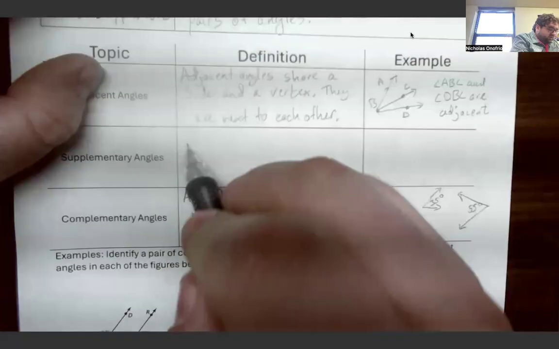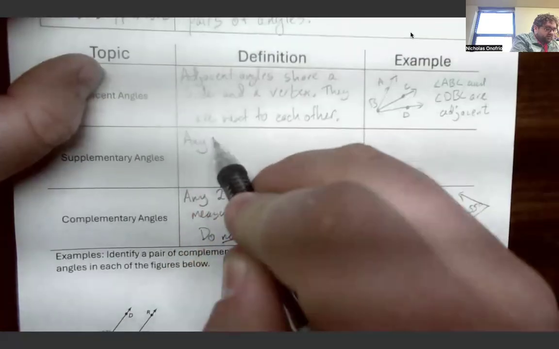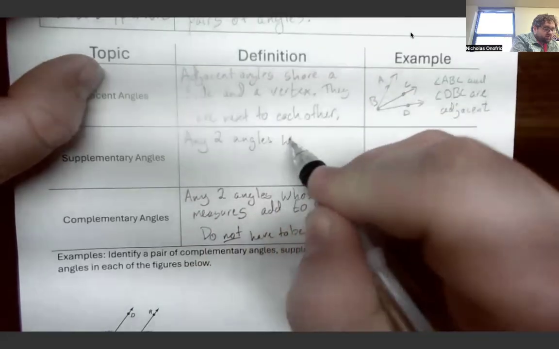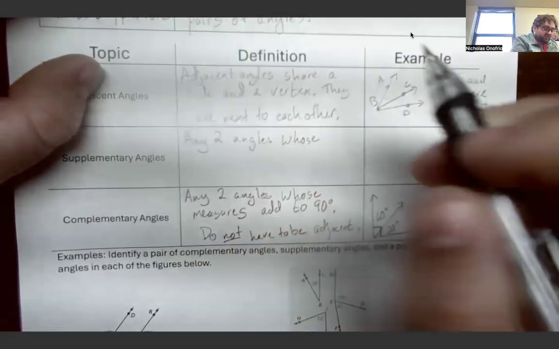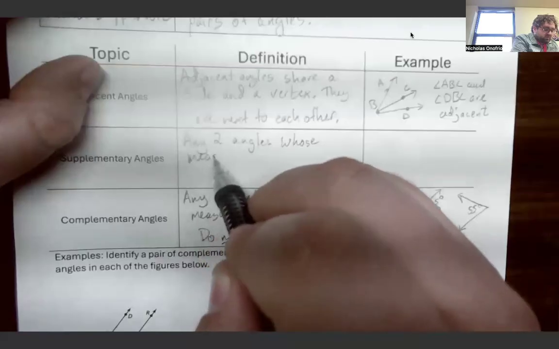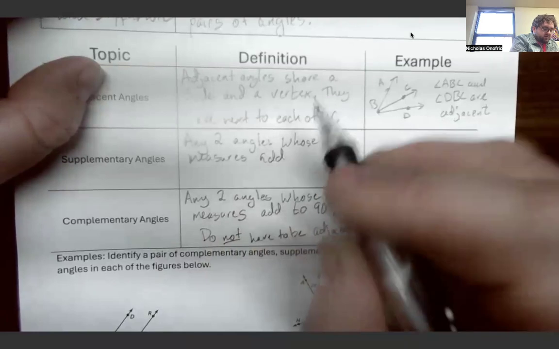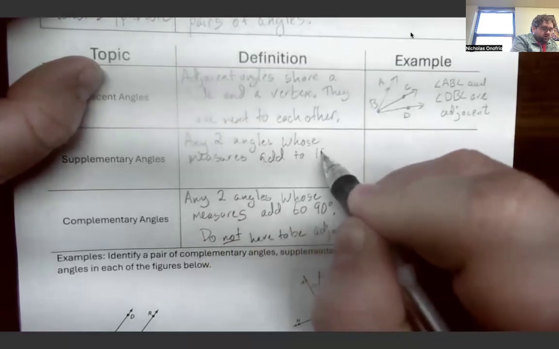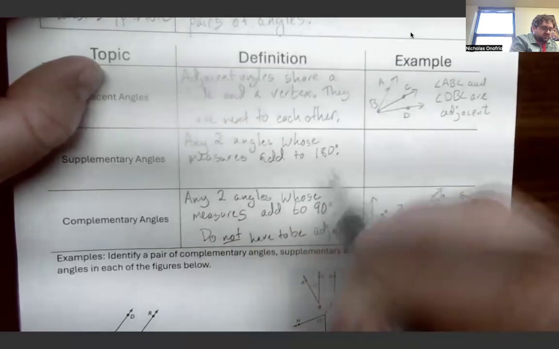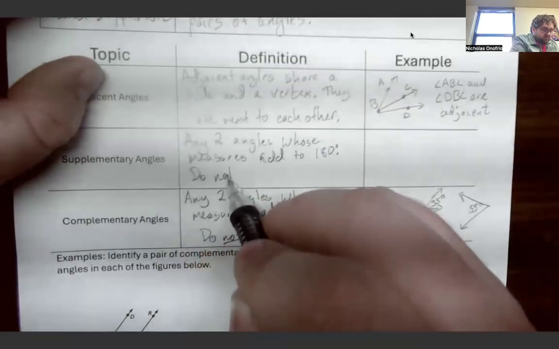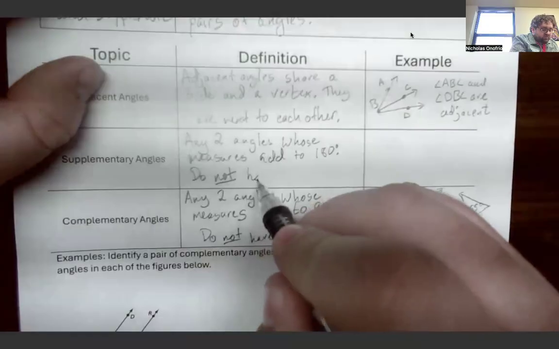Supplementary angles are any two angles whose measures, you're probably sensing a pattern at this point, add to 180 degrees. Again, they do not have to be adjacent.